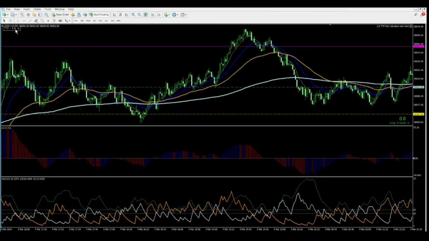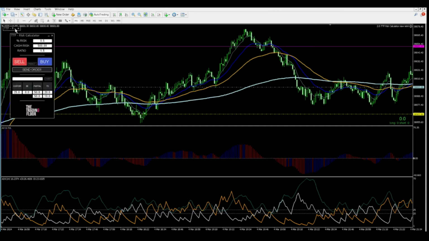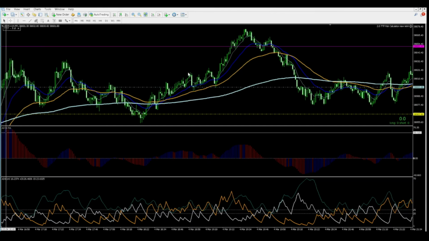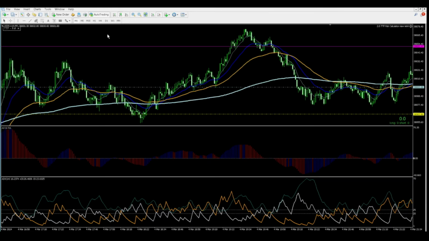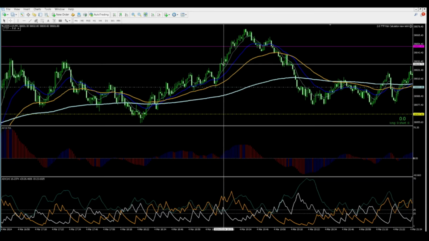Let's say in this example I'm taking 0.5% risk, and the risk to reward ratio is 1.5. When I click on buy or sell, I get the option to adjust my stop loss and take profit accordingly, and it will calculate the lot size. In this case I will take a second entry after 1923 right here.